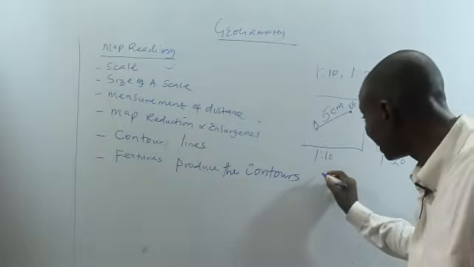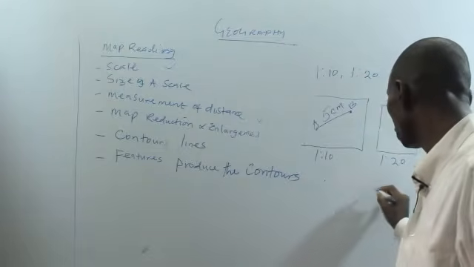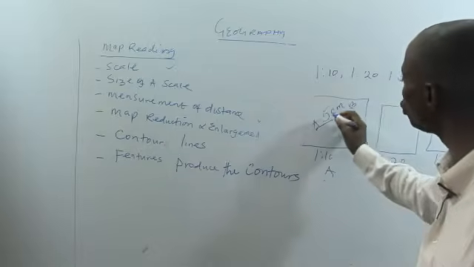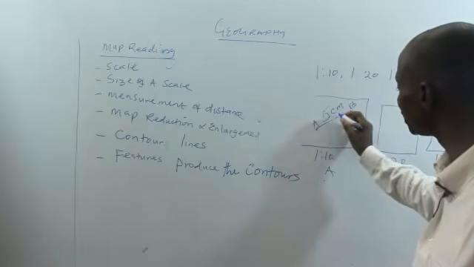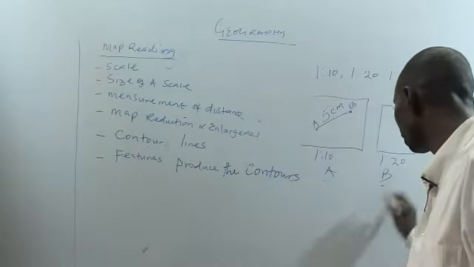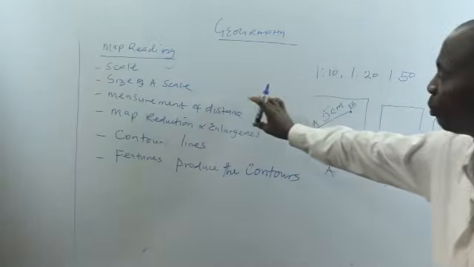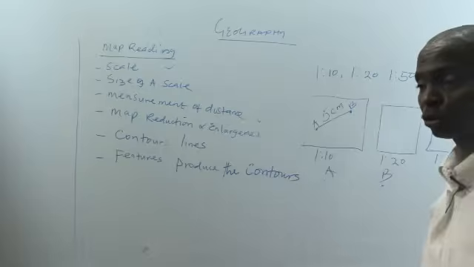What is the actual distance if these 2 points were to be on ground, point A, point B? How will you convert these 5 centimeters to kilometer? That is what measurement of distance is all about.